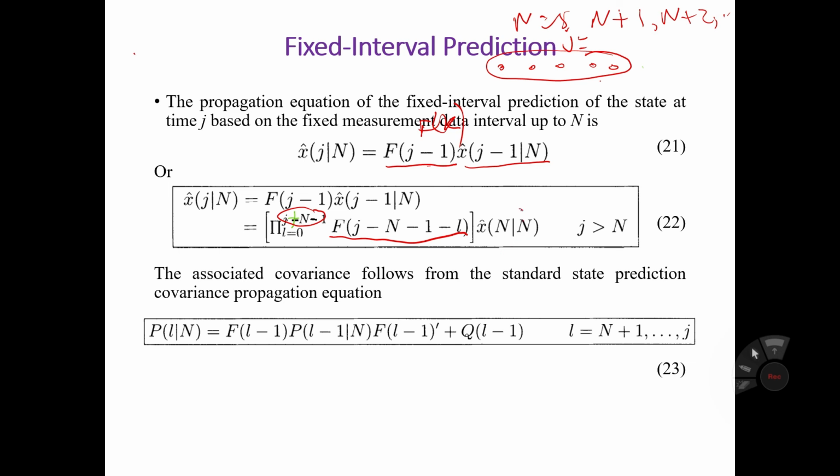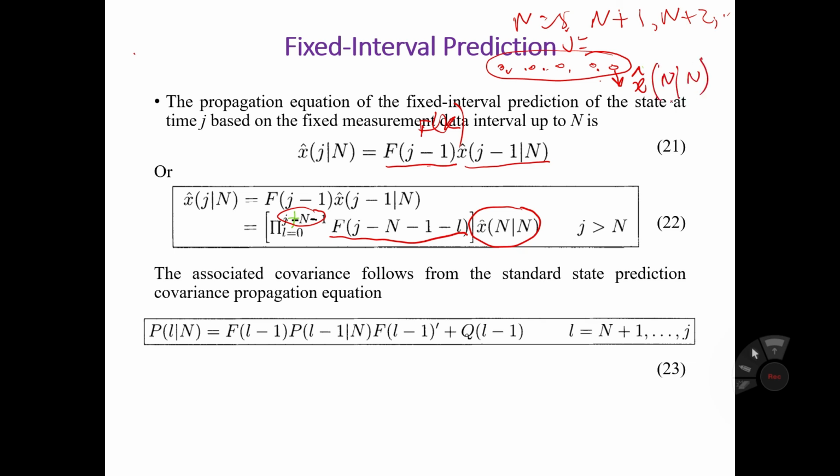Okay, it means you have already calculated the estimated value of each thing. So here you already know x of n given n.